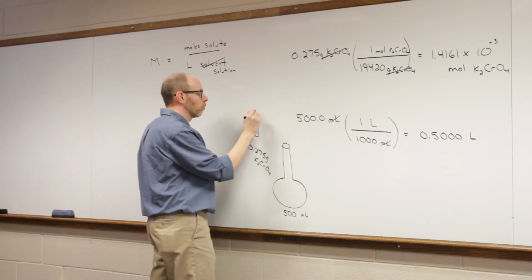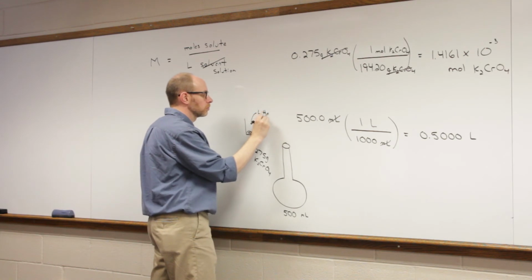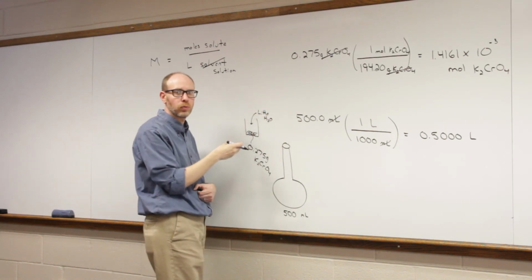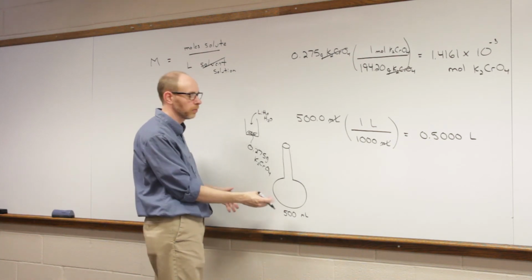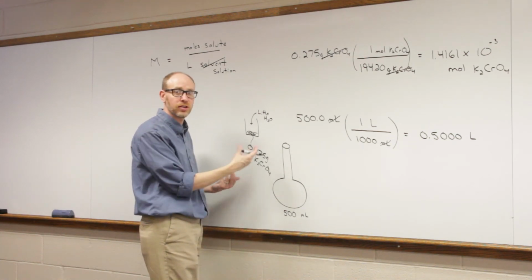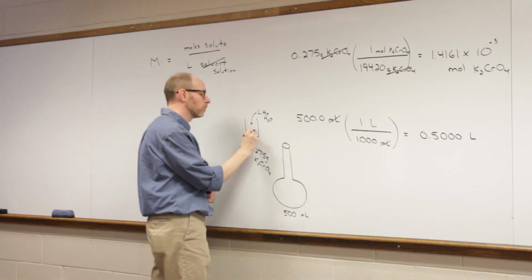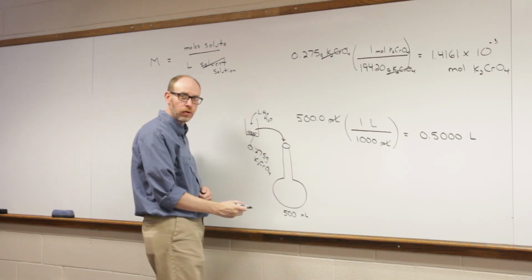So we'd add a little bit of water. You might say, how much water would we add? Well, as long as it's significantly less than 500 milliliters, it doesn't really matter. Enough to dissolve it, because then when that's dissolved, we can transfer it into that volumetric flask.